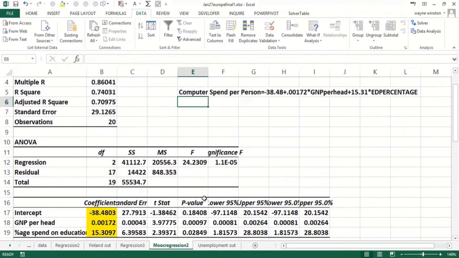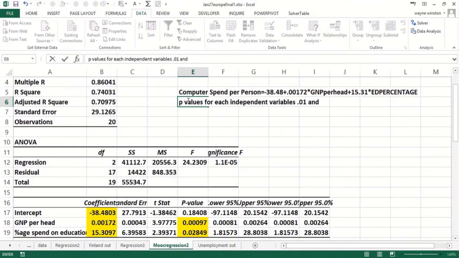Now, are these independent variables significant? Yes, look at those p-values. We don't care about the intercept. But the p-value for each independent variable is way less than 0.1. We've got 0.001 and 0.03, which are less than 0.1.